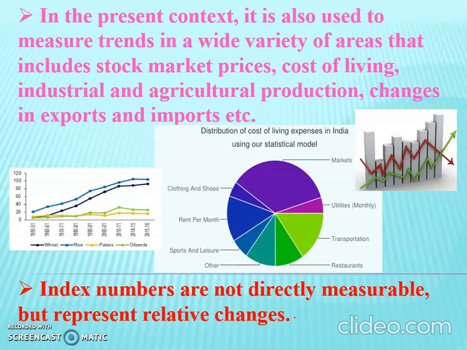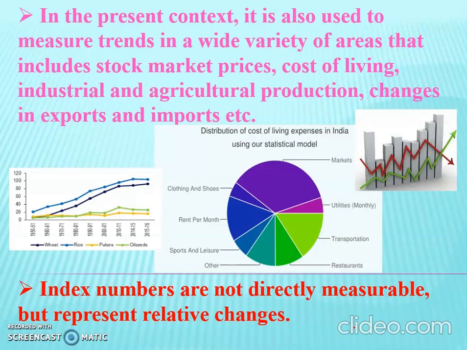And it is not only used to compare the price level, but it is useful to calculate different changes in stock market prices, cost of living, industrial production, agricultural production, and changes in export and import. These are the sub-points that you have to remember regarding the index number.